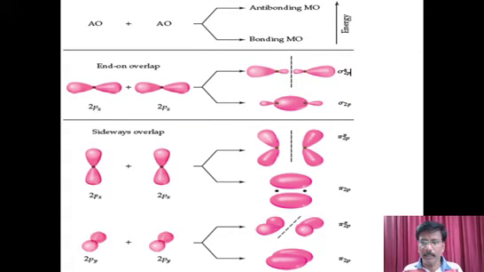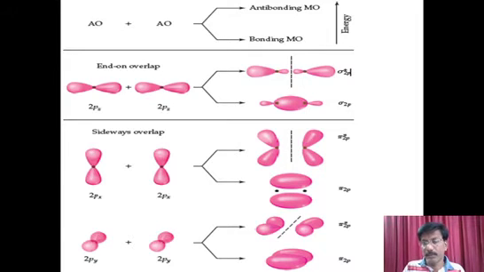You can look at the diagram to understand sigma and pi bonding. Here 2px with 2px, end-on, face-to-face overlapping. That gives sigma bonding, and of course naturally there will be anti-bonding, but it is also sigma.